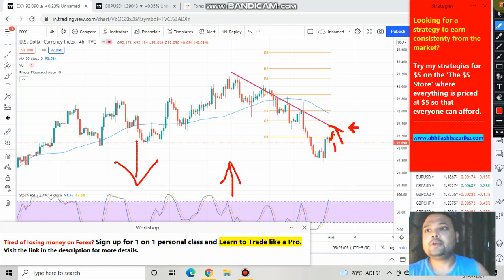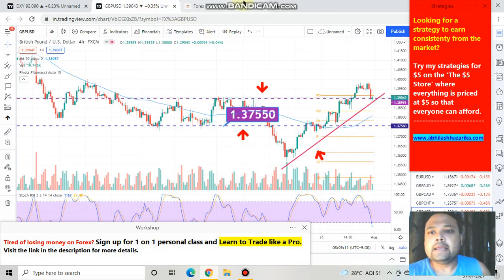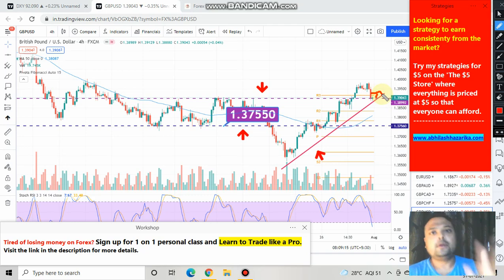Therefore, what should be our strategy for GBP USD? In case it starts going up from here only, then you can go for a buy. In case the market goes up from this particular level, you can easily go for a buy here. On the other hand, if you find the market slipping below these two levels, do not be scared, do not be afraid, because when the dollar goes down again, you will see GBP USD trying to take support at this level and going up.